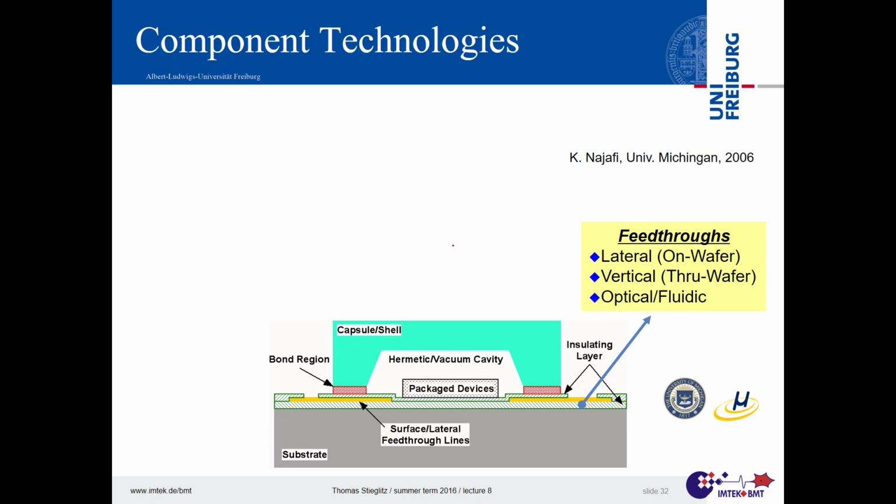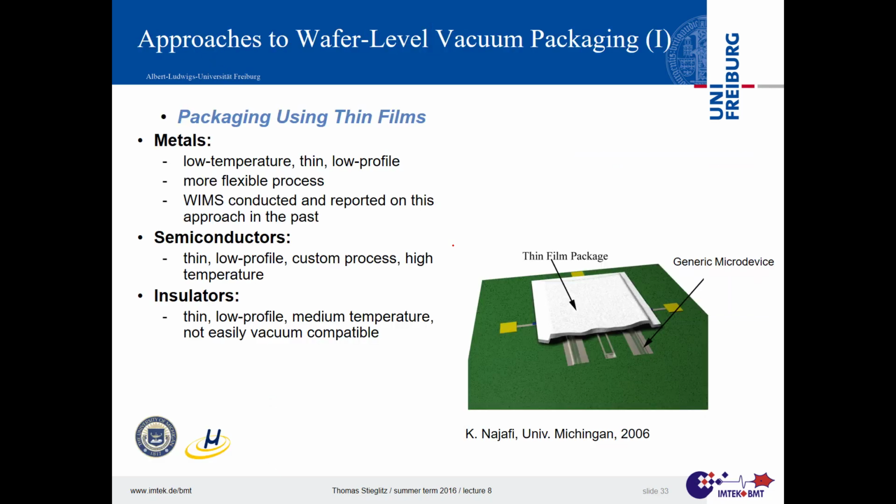There's now optogenetics around, that means we need some optical waveguides or something that shines light through the package wall. Electrical feed-throughs, and if we have fluidics, then it's getting really hard. So how to make a fluidic feed-through somewhere so that you get some agents through.